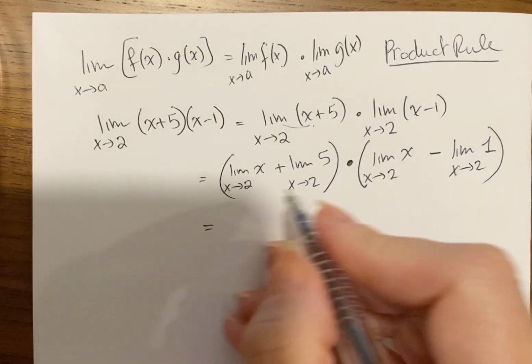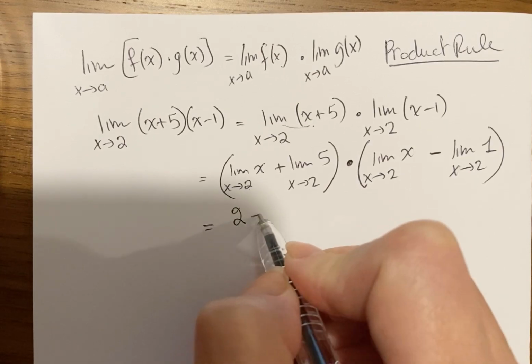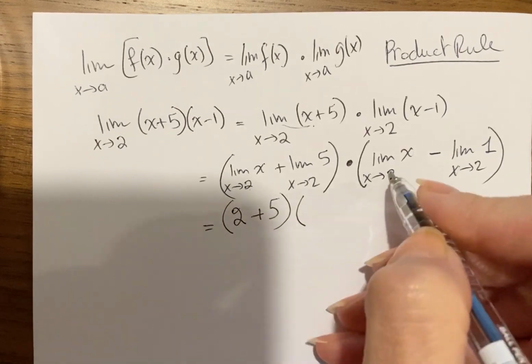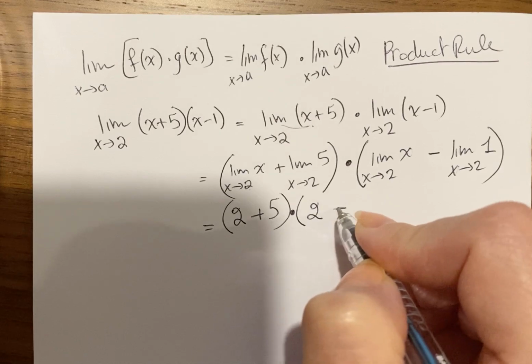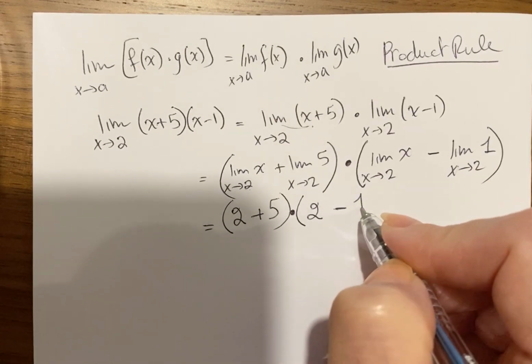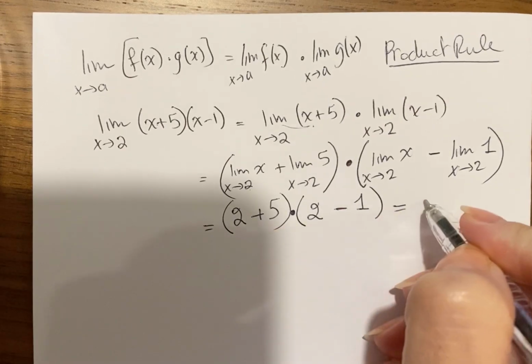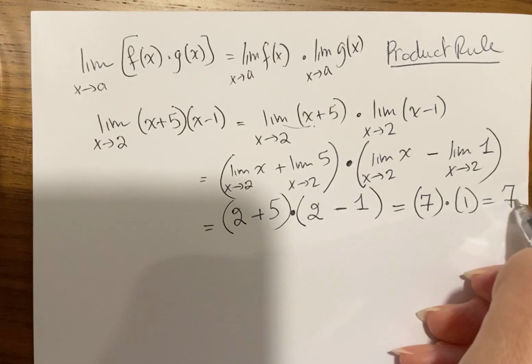Now, I use the simplest of the rules. Limit of x as x approaches 2, 2, plus limit of 5 as x approaches 2, 5, times limit of x as x approaches 2, 2, minus the limit of a constant 1 as x approaches 2, which is 1. The full answer is 7 times 1, and the full answer is 7.